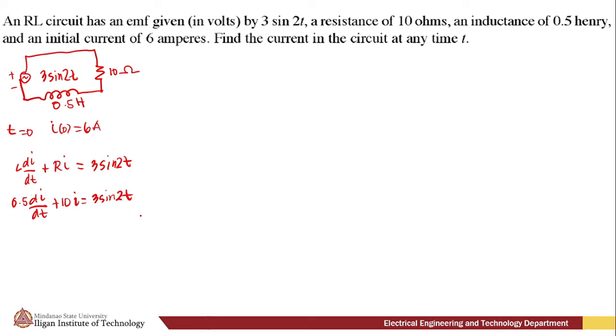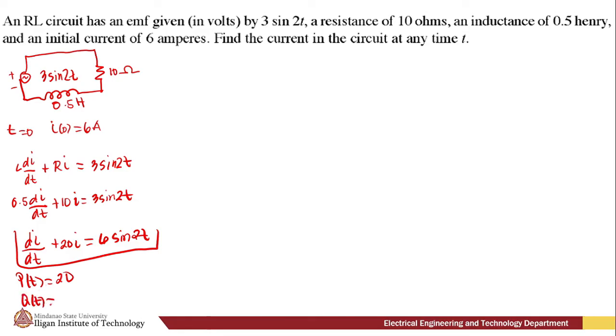Dividing the whole equation by 0.5, our differential equation becomes di/dt plus 20i equals 6 sine 2t. This is the differential model for our RL circuit problem. This is a linear differential model, so our P(t) is 20 and Q(t) is 6 sine 2t.